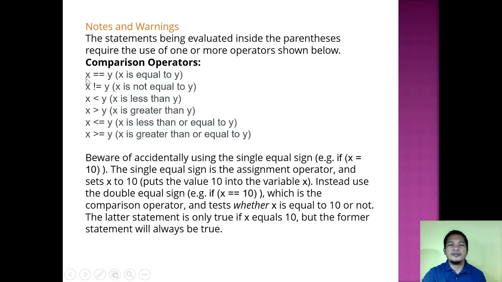Then not equal to, with an exclamation mark and equal sign. Then x greater than y, x less than y, x greater than or equal to y, and x less than or equal to y. These are the operators you use for comparison in a conditional statement using if.